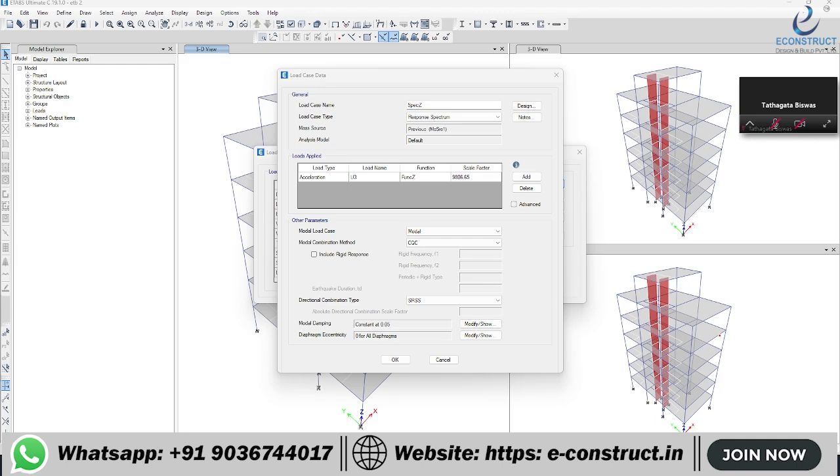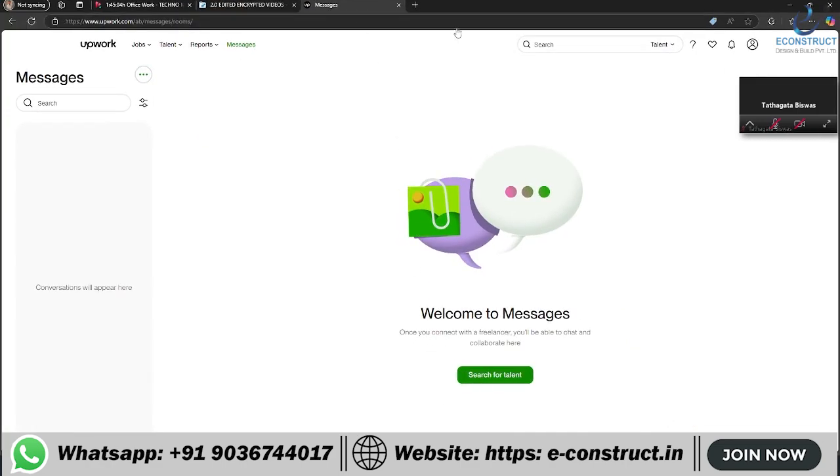And then what you need to do is, in all the combinations wherever spec X and spec Y is there, you need to take the spec Z also. What percentage you need to take has been told by the code.